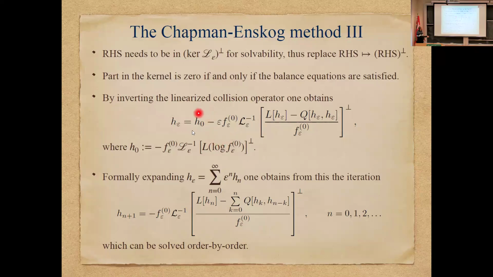So we are just going to keep this first order correction term. It's called H_0, but really it's of order ε because there's an ε in front of H_ε. And we're going to ignore all these higher order correction terms.